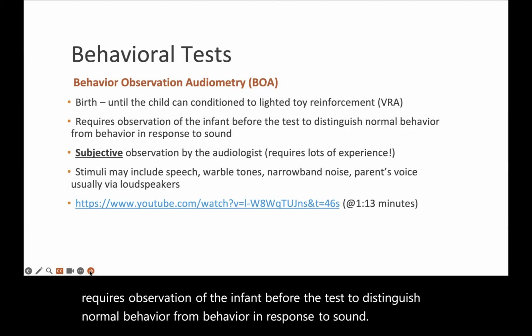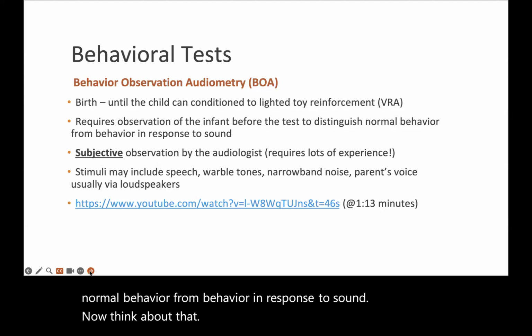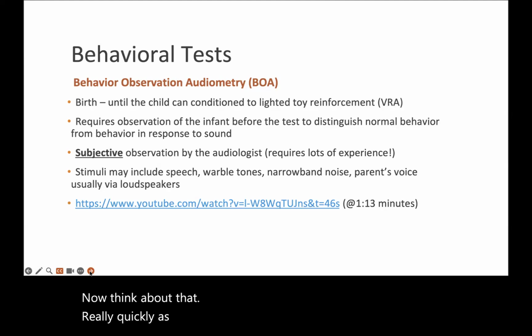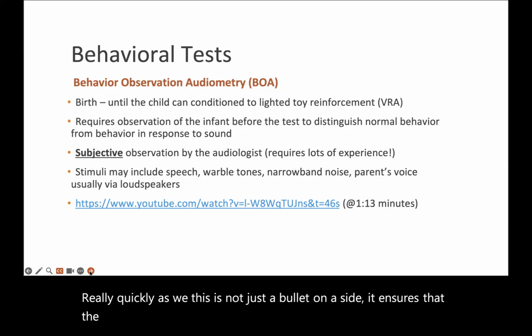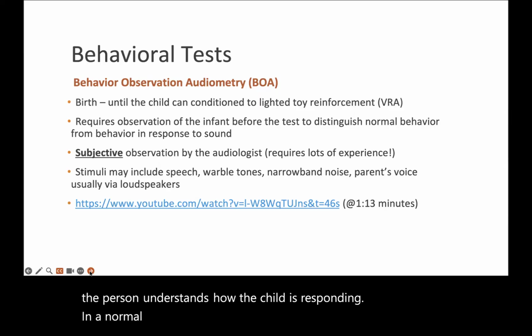Now think about that really quickly, this is not just a bullet on a slide. It ensures that the person understands how the child is responding in a normal condition, and then contrasts that to how they respond to sound.